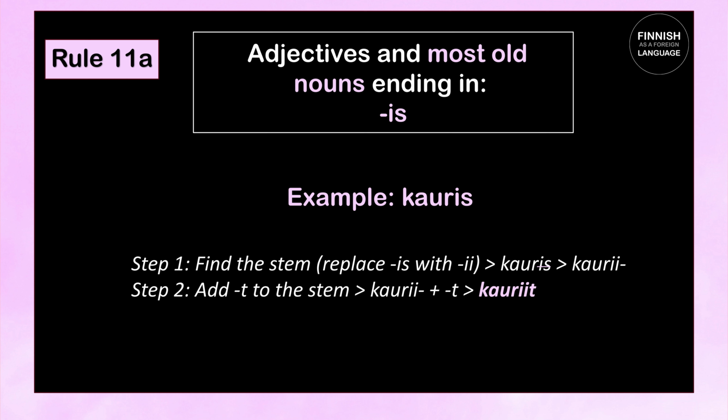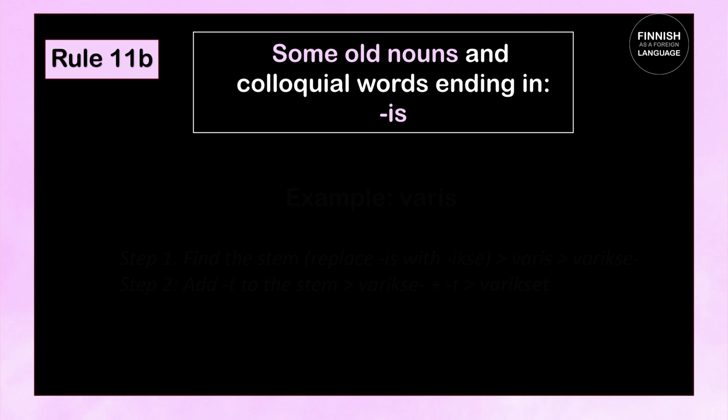Now, that's not always the case. Sometimes it works differently. For example, when we look at the rule 11b, which is about some old nouns and colloquial words ending in is. For example, varis, which means crow. So in order to find the nominative plural, we first have to find the stem, which means we have to replace is with ikse.